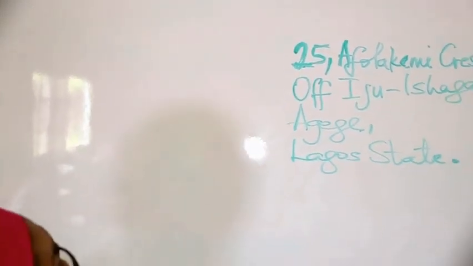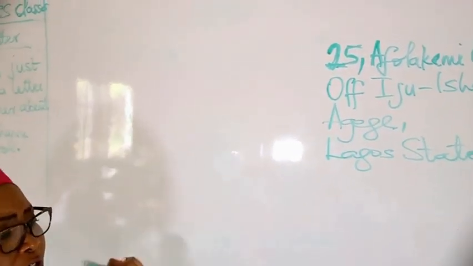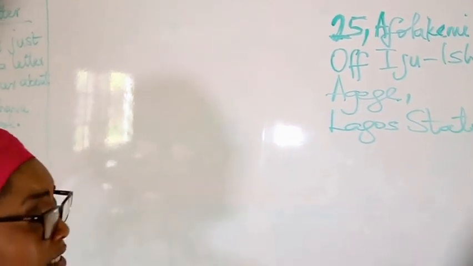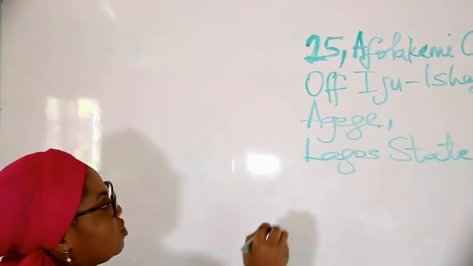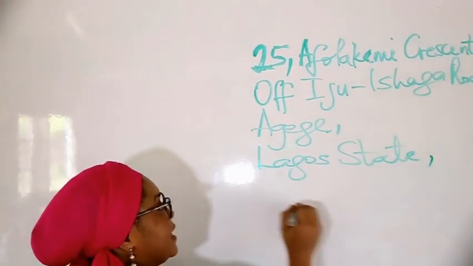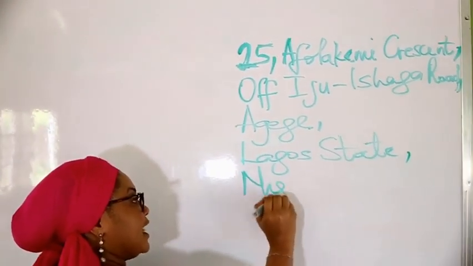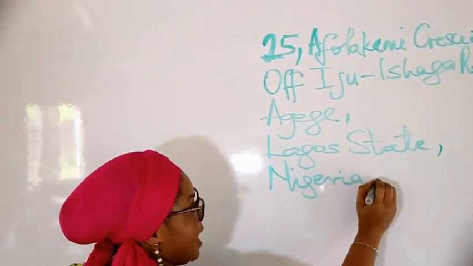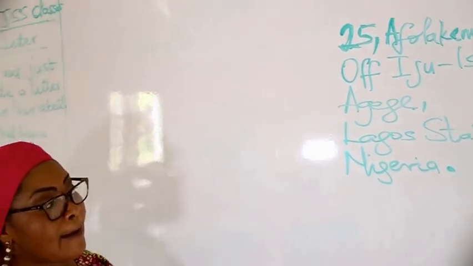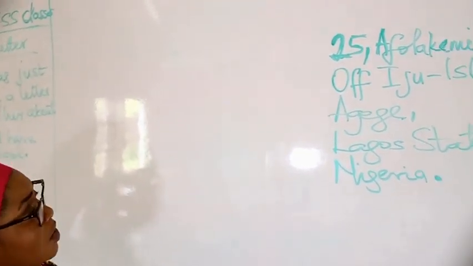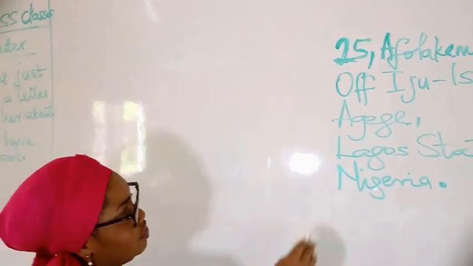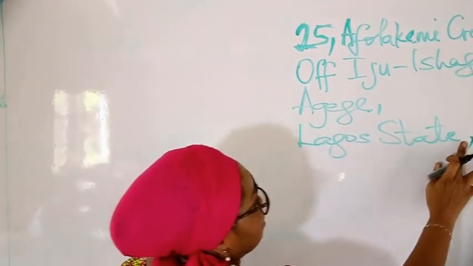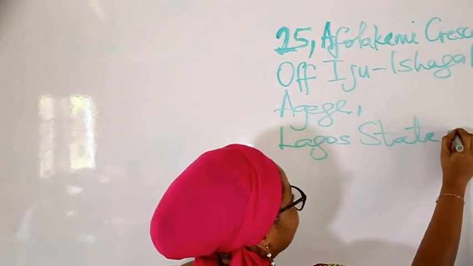Assuming you're writing to someone who is outside the state where you are, it is important that you put a comma here and then end it with Nigeria, indicating that your letter is coming from Nigeria, and this is the end of our address. But since you're not writing to someone outside the country, your address ends here with the state, so we end it with a full stop.